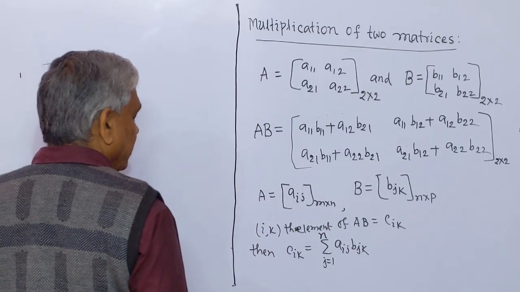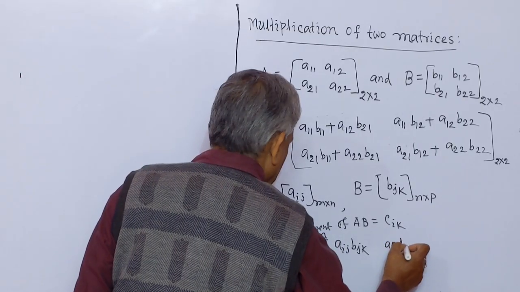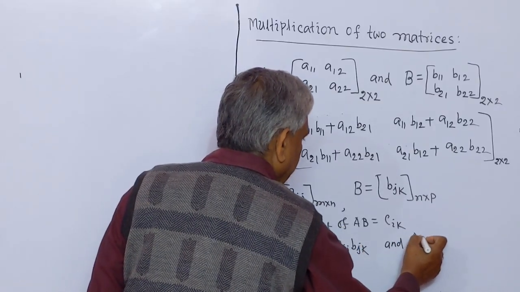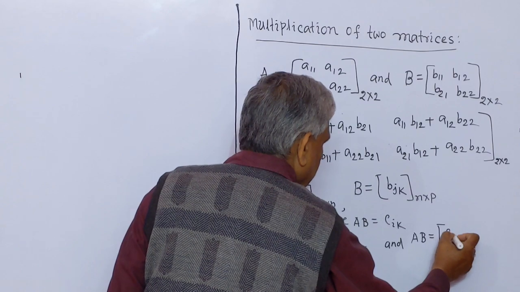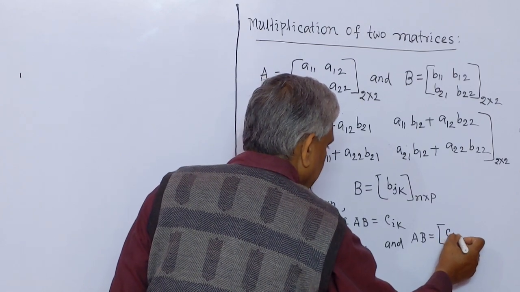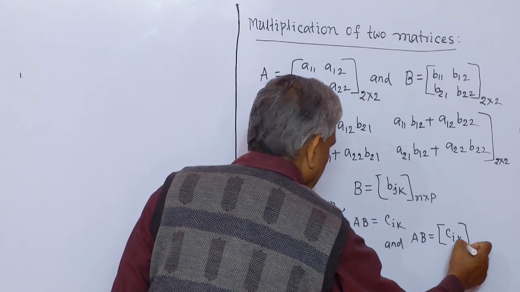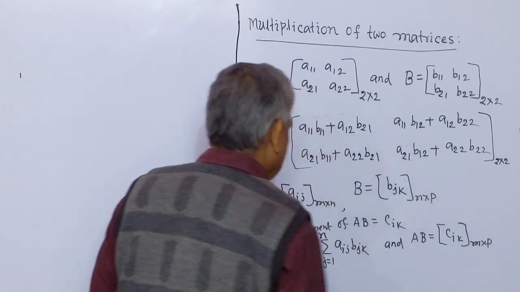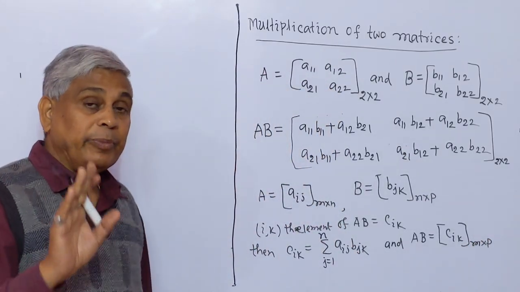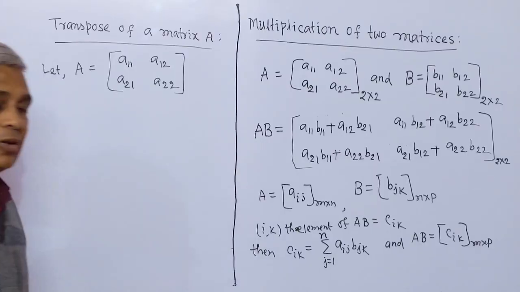And we get AB equal to a matrix whose elements are Cik. This is of M by P size. This is the concept of matrix multiplication.